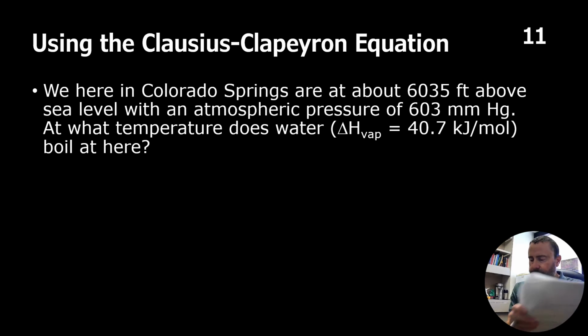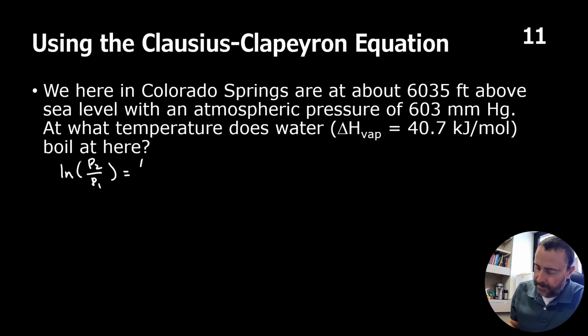So we're going to use our Clausius-Clapeyron equation: the natural log of P2 over P1 is equal to the enthalpy of vaporization over R times 1 over T1 minus 1 over T2.